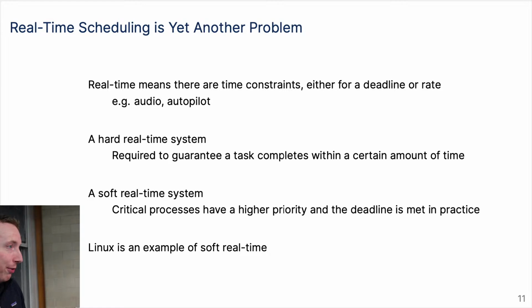So audio might be hard for a very small embedded microcontroller that runs at 100 megahertz, but for your big desktop system that runs at 5 gigahertz, any audio thing is going to be done so fast that it's going to keep up with the rate, no problem. Linux is also an example of soft real time, and it's something you can specify when you create processes and when you change their priority.